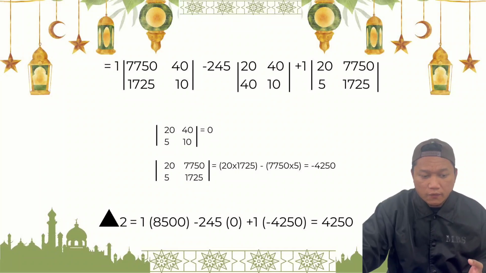Thus, the value of determinant 2 is 4,250.